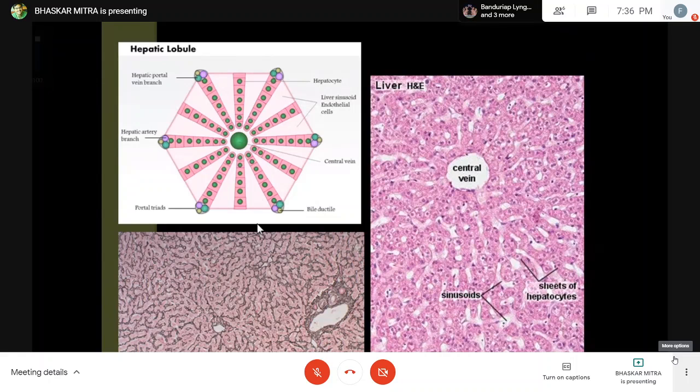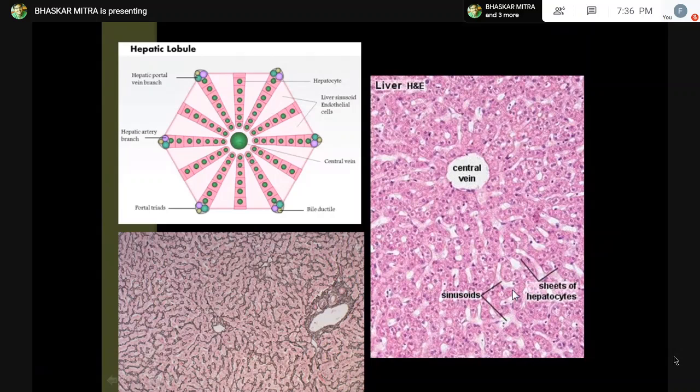This is the histomorphological picture of a liver showing a central vein in the center, from which the cords of hepatocytes run. In between the cords there are the sinusoids, and in the periphery, the portal tracts.